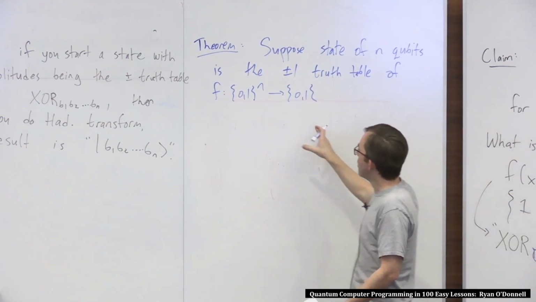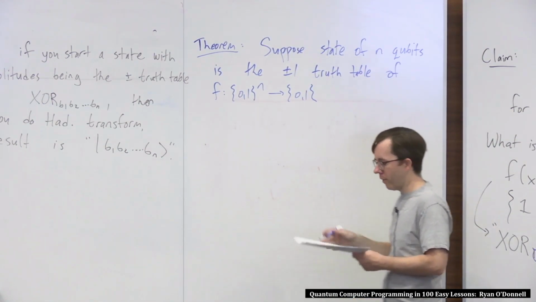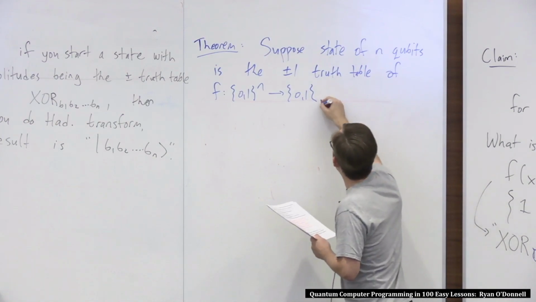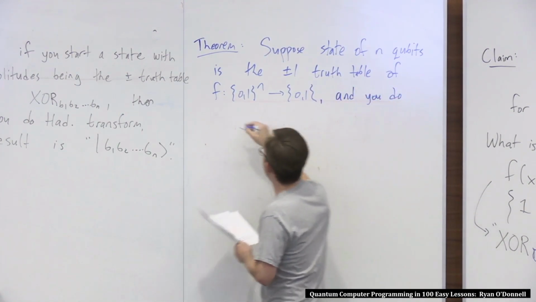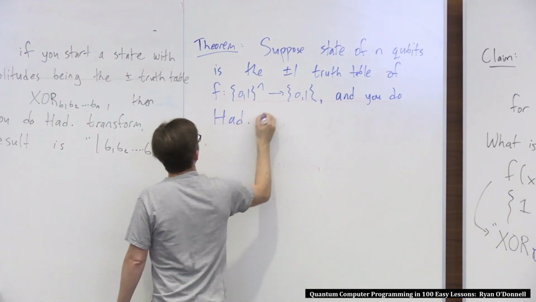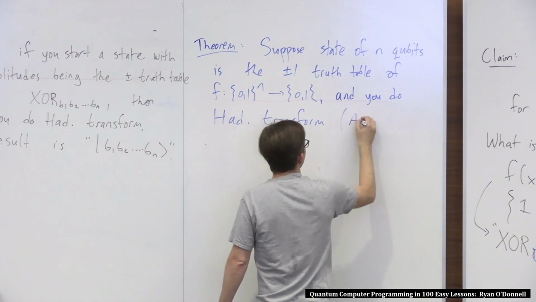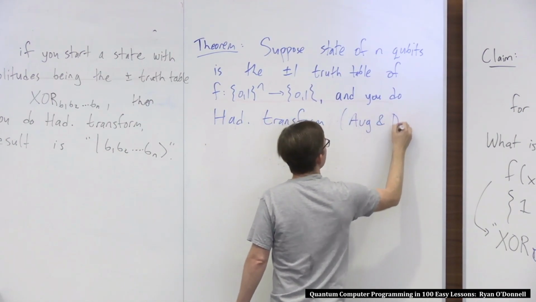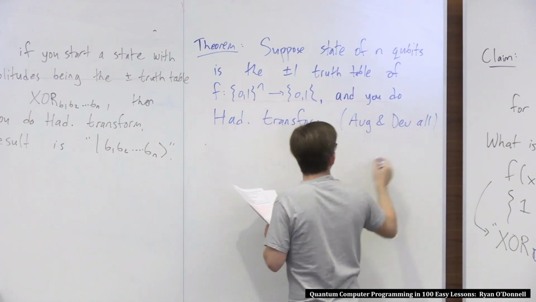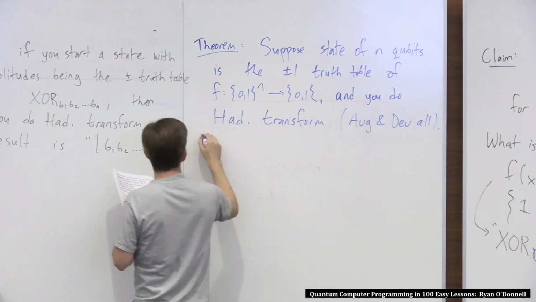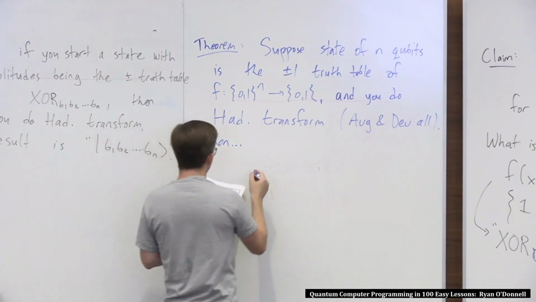In other words, the state is what you would get if you first made the uniform superposition and then you did if f then minus. And then you do this Hadamard transform, which means in quantum notation average and deviation all. Then I should tell you what the new state is, so I'll tell you what all the amplitudes are.